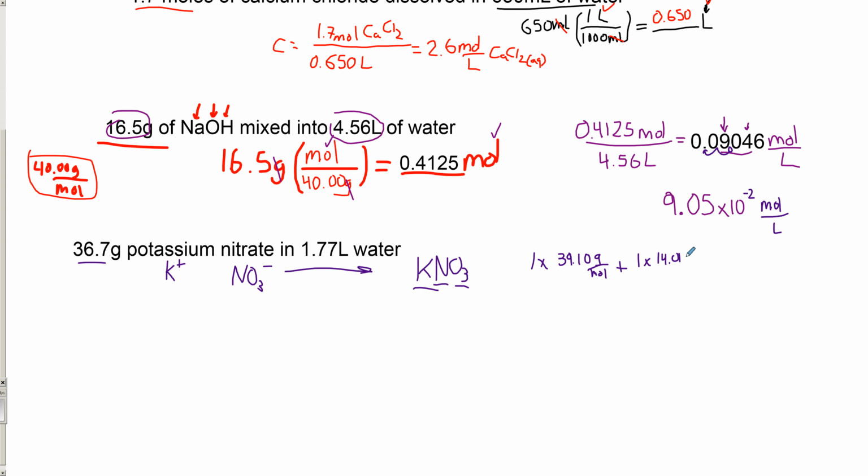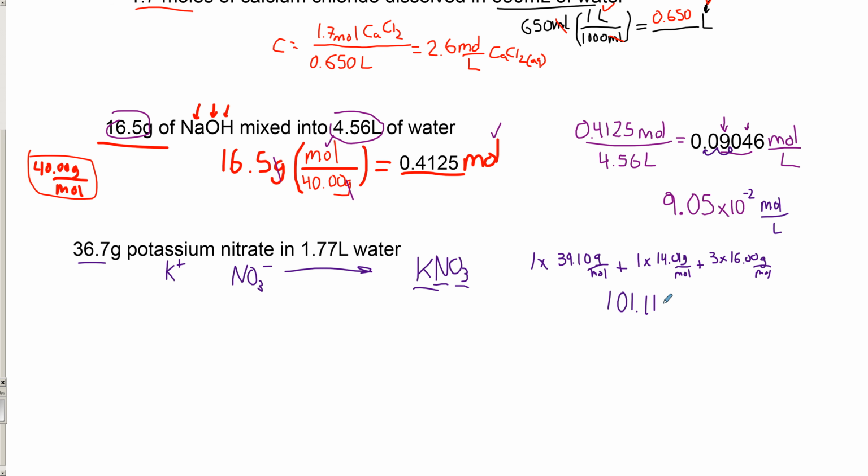And then 3 times oxygen, which is 16.00 grams per mole. So I have to add those up. It's going to take me a sec. 39.1 plus 14.01 plus 48 is 101.11. So the molar mass of this chemical is 101.11 grams per mole.